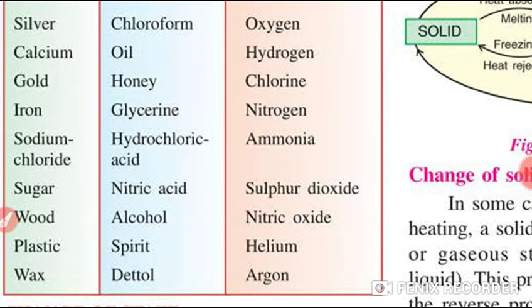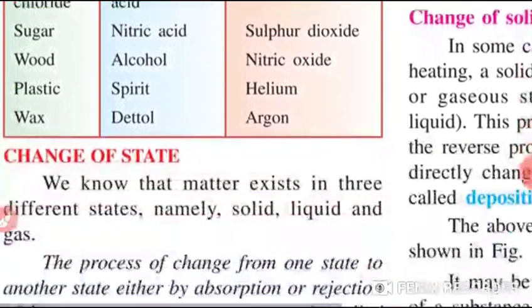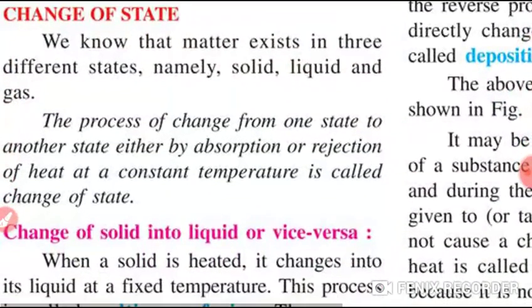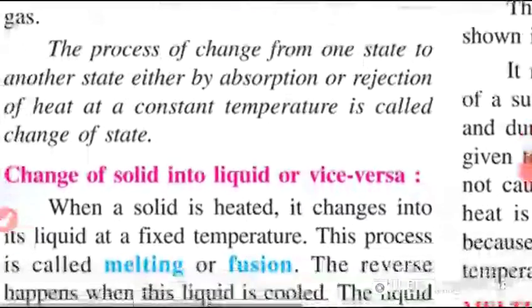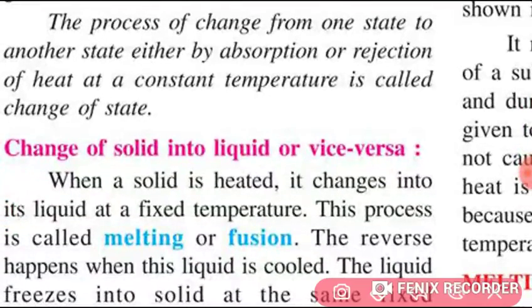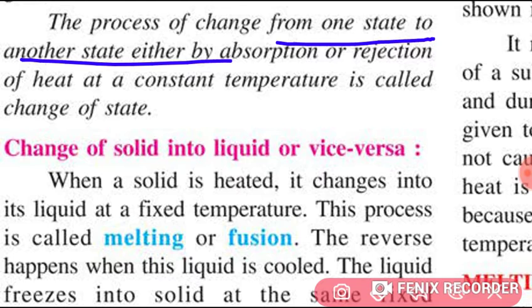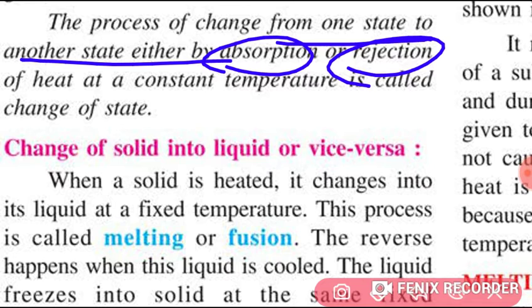Okay. Now listen, change of state. We know that matter exists in three different states: solid, liquid and gas. So students, the process of change from one state to another, either by absorption or by rejection of heat at a constant temperature, is known as what?